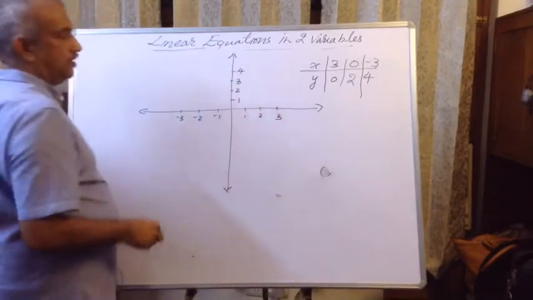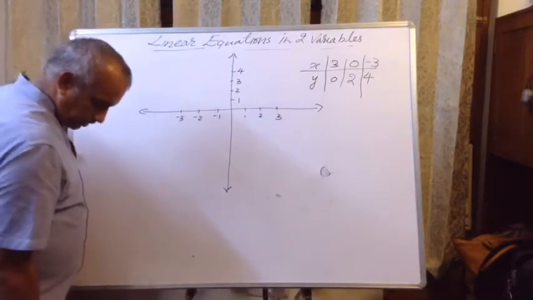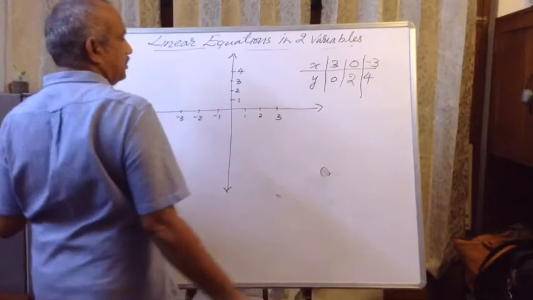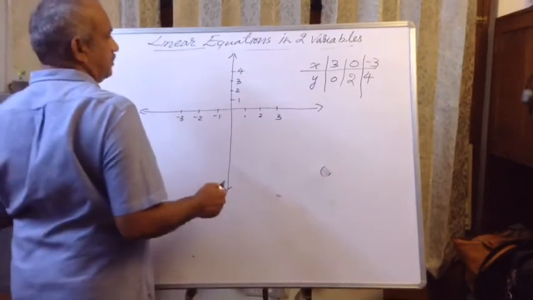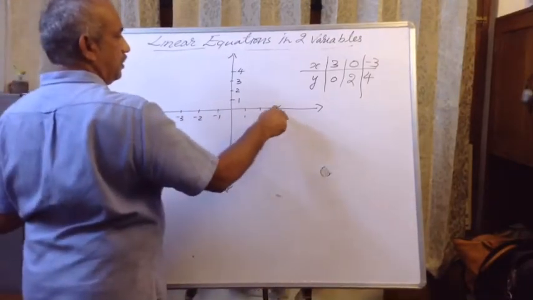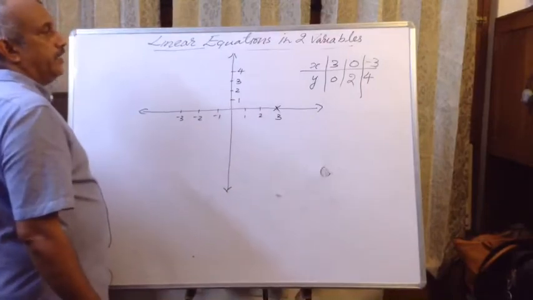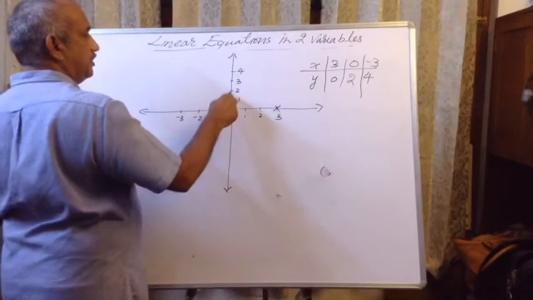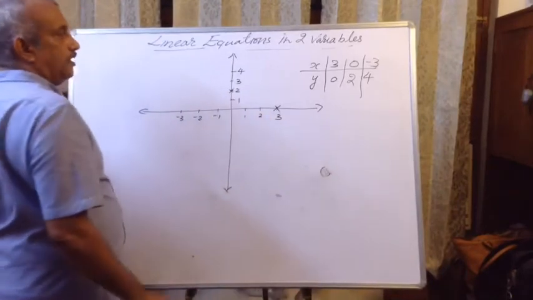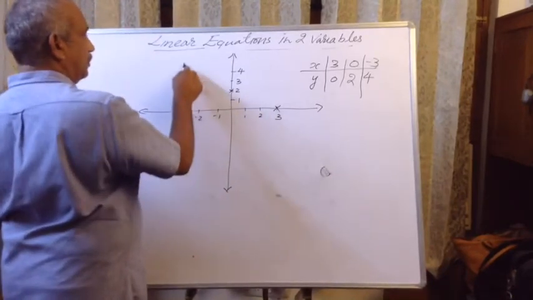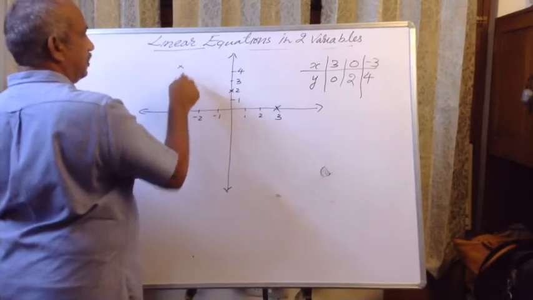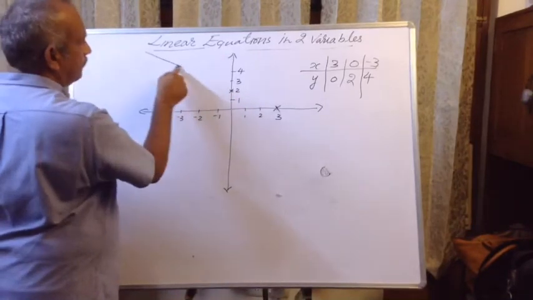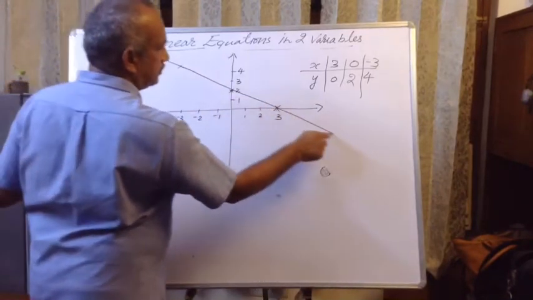That is enough, I am not writing all, because in terms of these points only: x 3, 0, this one, then x is equal to 0 and y is equal to 2, this one, then minus 3, 4, this one. Join, the graph is going like this.